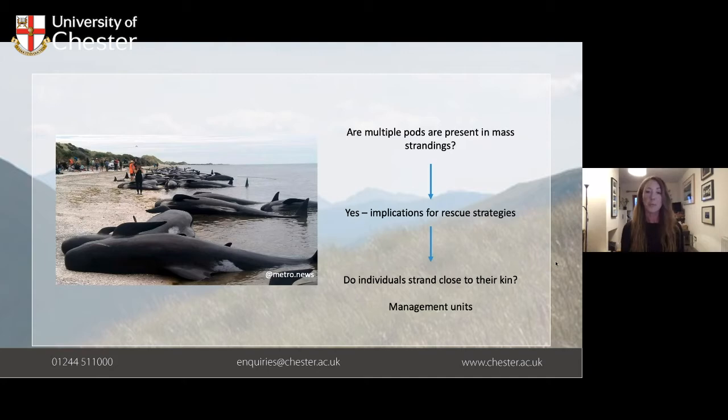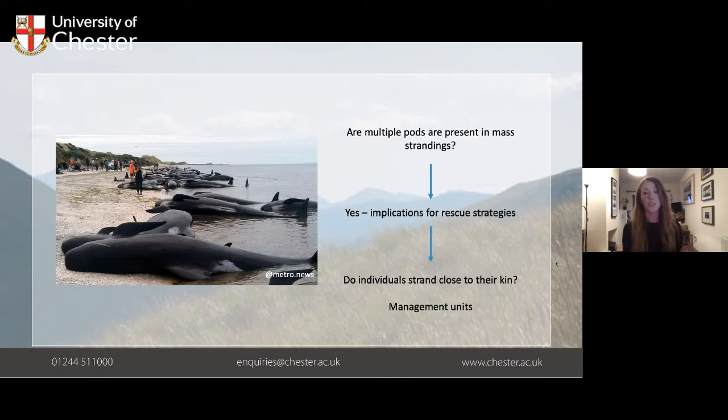And to investigate what this means further, Rachel's going to be looking at whether individuals strand close to their kin. So looking genetically at the relationships compared to where individuals strand on the beach.